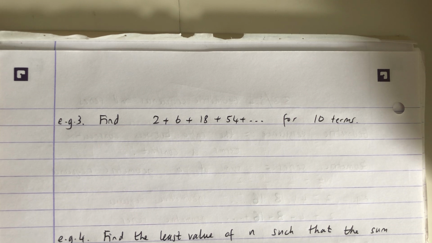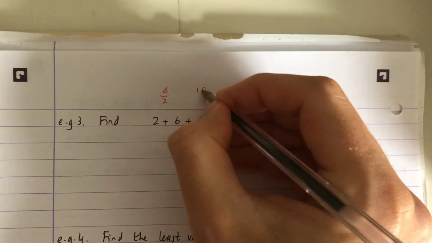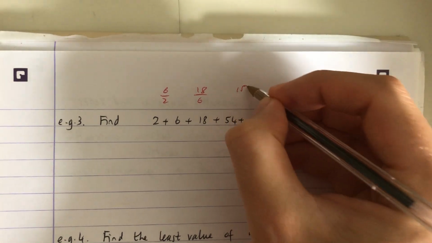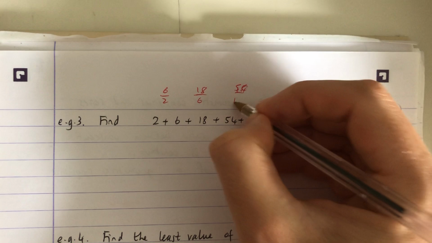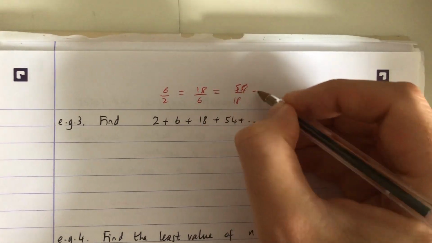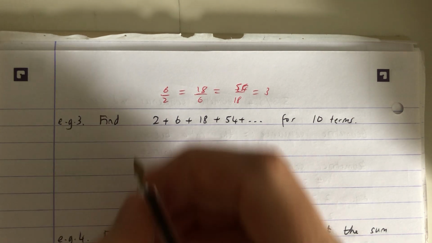So the first thing you would do is notice, okay, what type of sequence is it, or series? And this is geometric, because if I took the division between consecutive terms, it's always equal to 3. So I know it's going to be a geometric sequence.